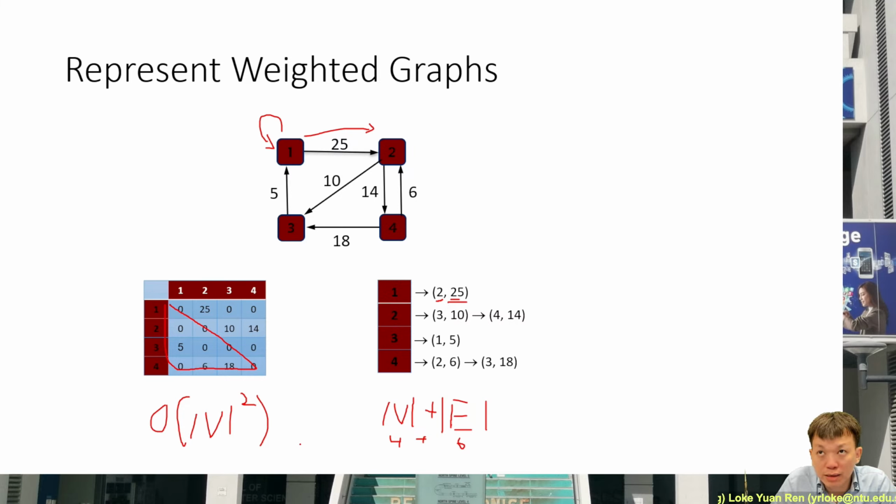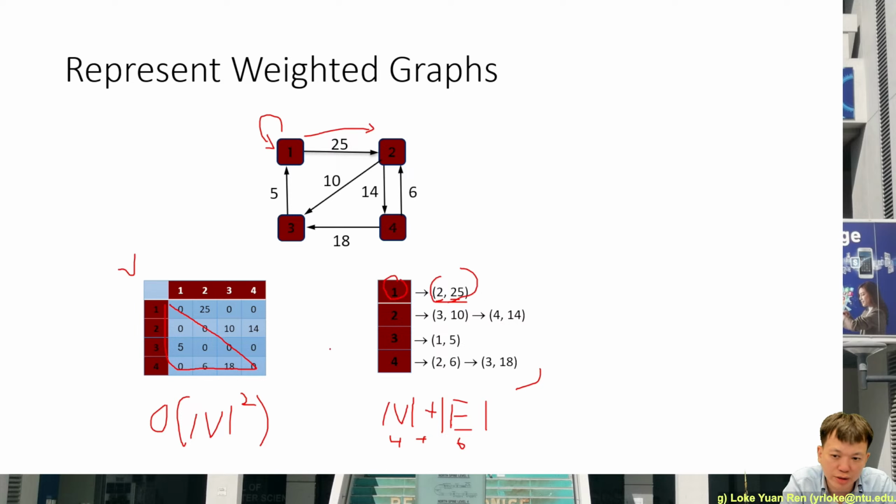But it depends on your application, because if you want fast access, fast checking to determine whether 2 nodes are connected or not, the matrix will be better. But sometimes you just need to traverse. You just need to find the next adjacent nodes. Then actually the adjacency list is good enough, because from 1 I immediately know that the next one can be 2.